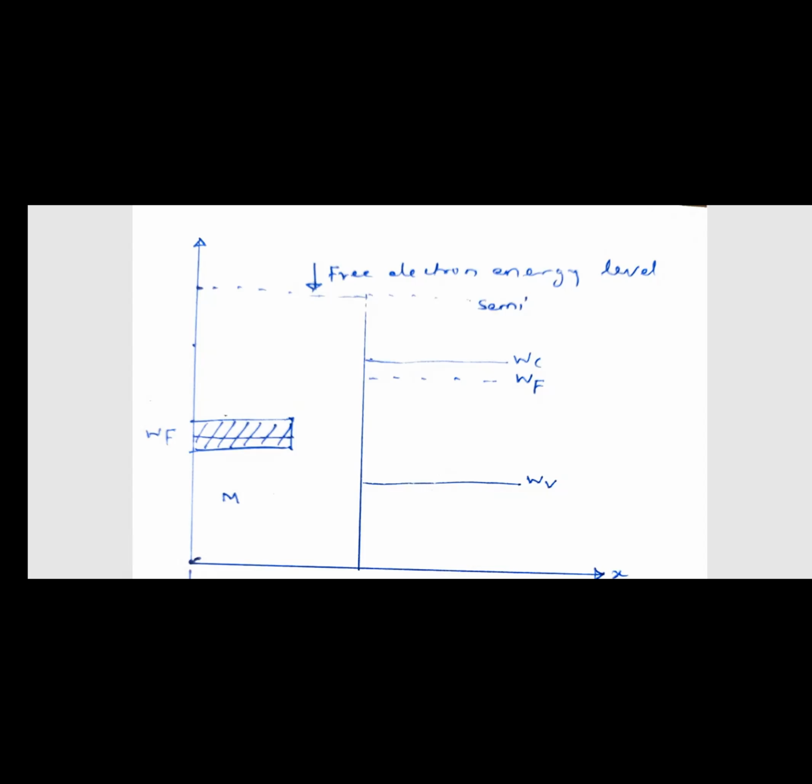Now when these two materials are clubbed together, one is metal and the other is semiconductor material. As I said, the energy level of the electrons of the metal is lower, so the electrons of the N type semiconductor material will start moving into the metal.